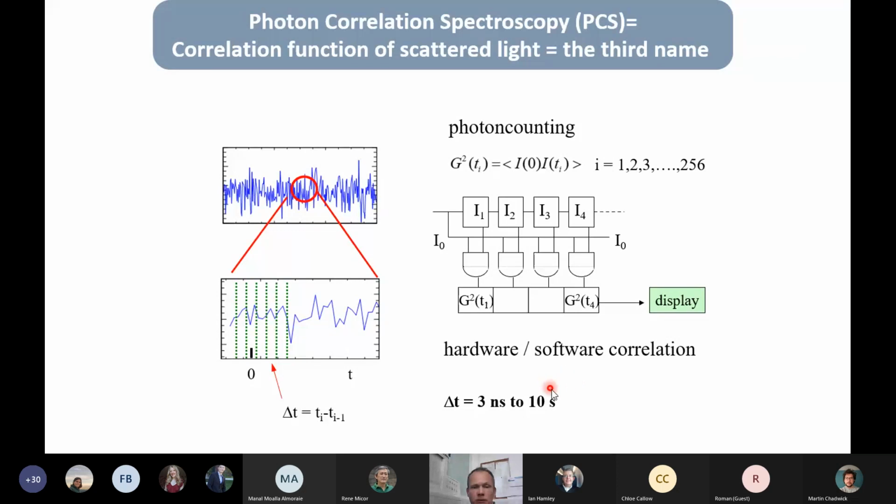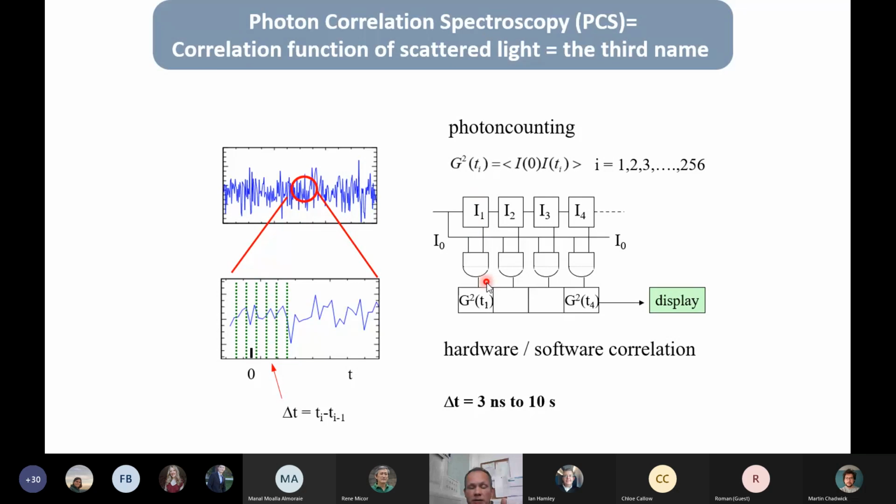Just to give you an idea how it works from the hardware point of view, I presented here a picture of the fluctuation of the scattered light. The device known as a correlator chops the scattered intensity, takes the value of the scattered intensity, and puts it into different segments, different memory cells.